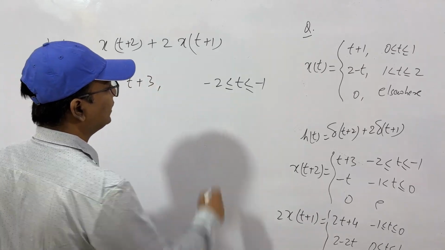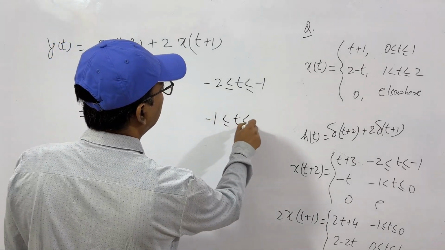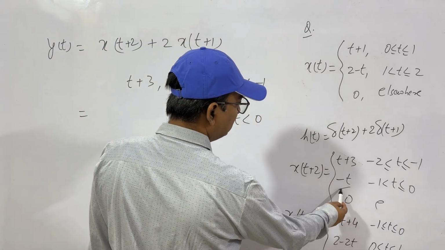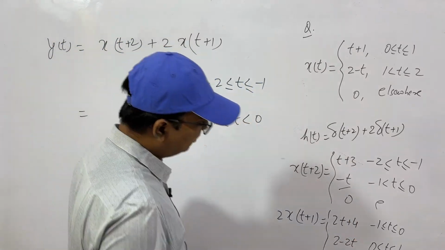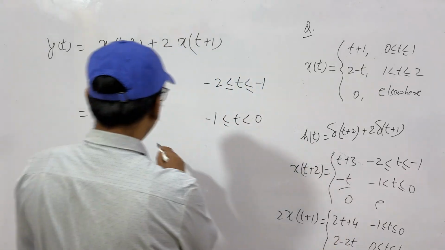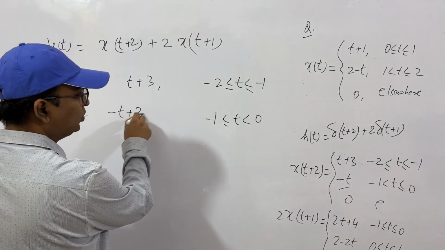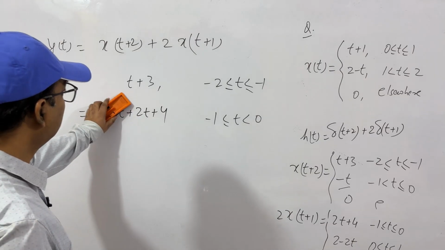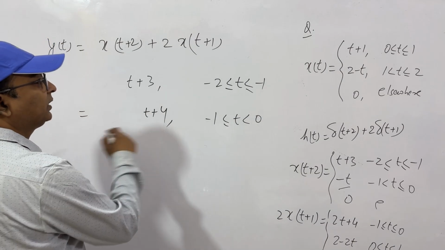Okay. Now let's take from minus 1 to 0. It will be this, minus t, and then this, 2t plus 4. So it is minus t plus 2t plus 4. So 2t minus t becomes t, so it is t plus 4.